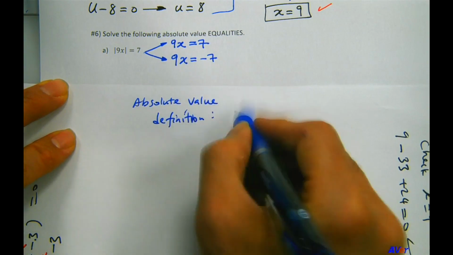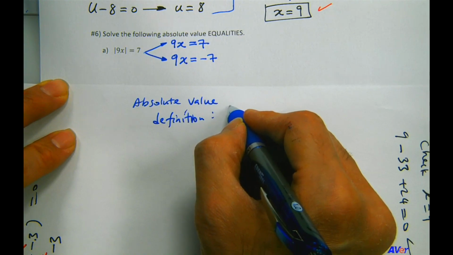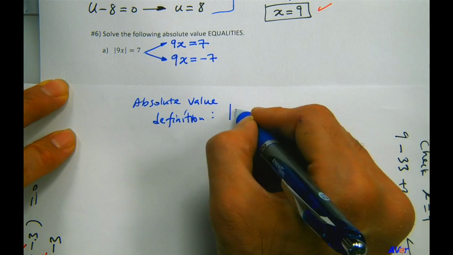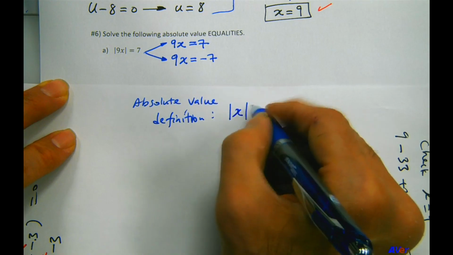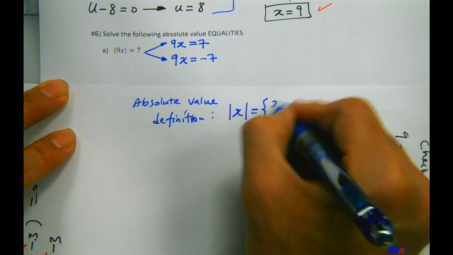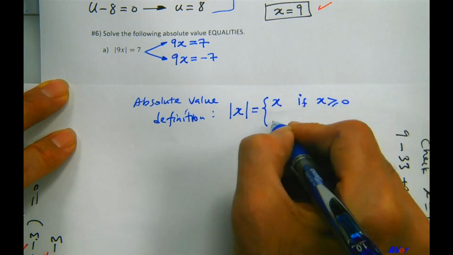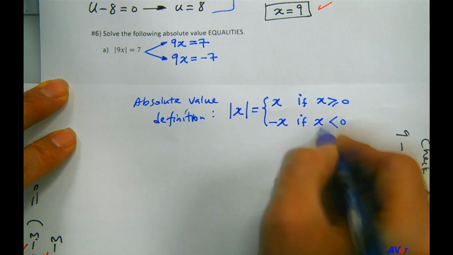The absolute value definition said that if you have some value, let's say x, the absolute value of x is equal to x if x is greater than or equal to 0, and minus x if x is less than 0, or something negative.